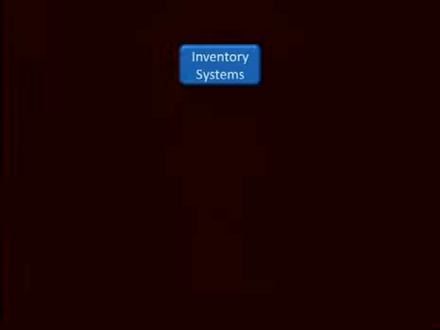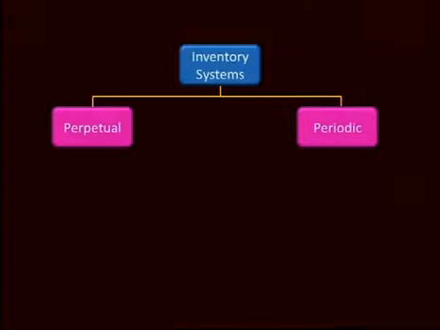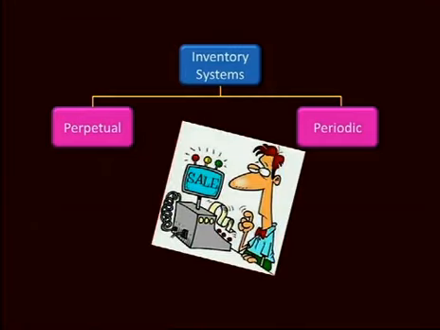Now, a business will choose between the perpetual and the periodic when it's choosing its inventory system. This is what you learned last year. Now, I'm just thinking, what does that really mean? You see this man sitting here with his little cash register. That means the inventory system explains how you use your point of sales.